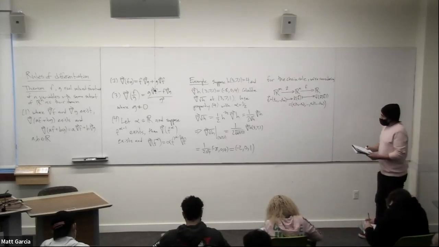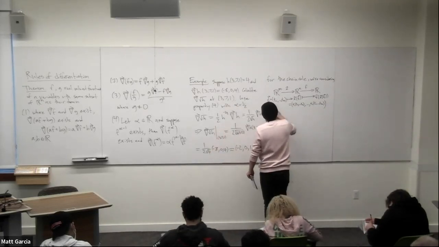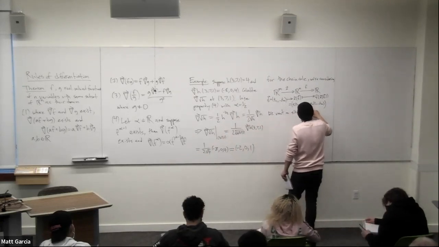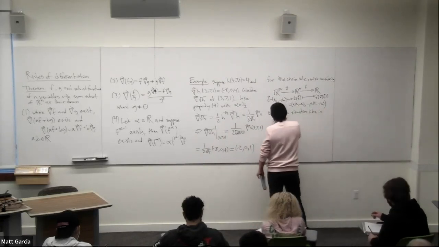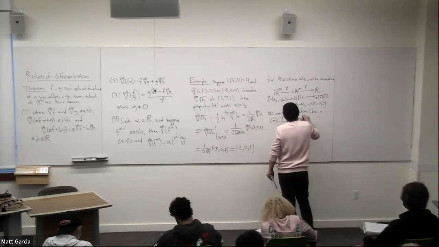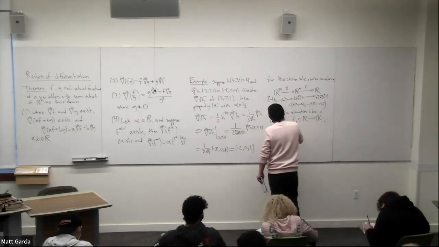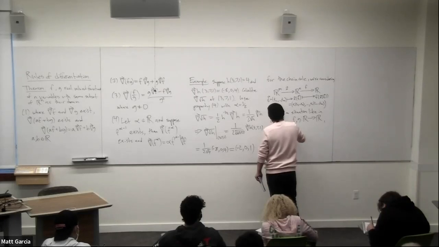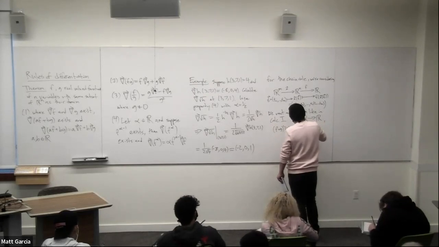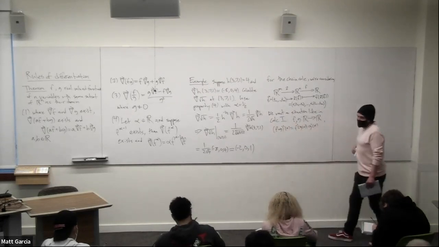Okay, so we want a situation like in Calc 1. We take two functions f and g that go from R to R, then the derivative of f composed with g is equal to f prime of g of x times g prime of x, right?